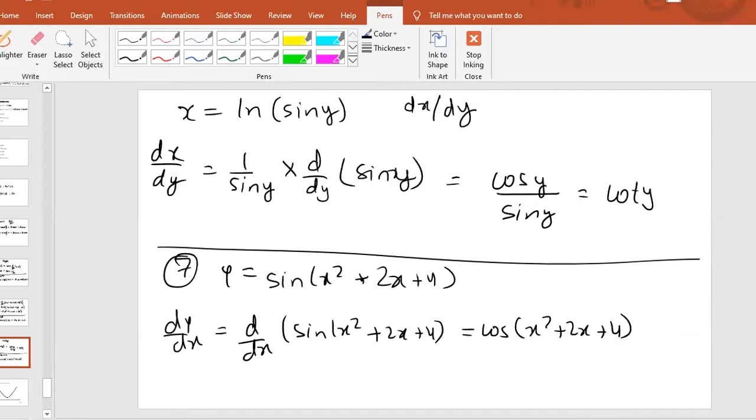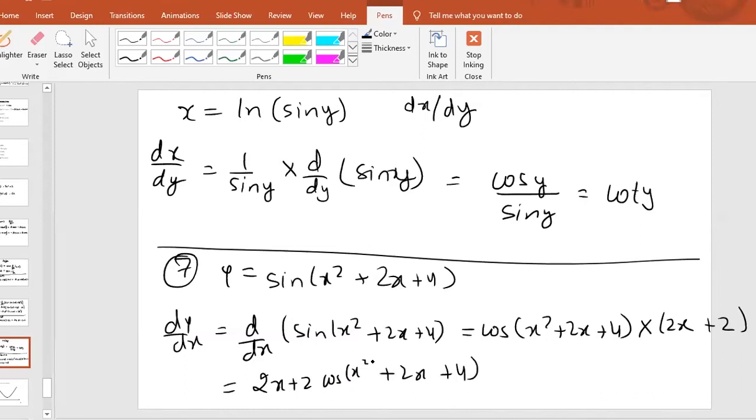Then differentiate the inside function. Differentiation of x square is 2x, differentiation of 2x is 2, differentiation of 4 is 0.